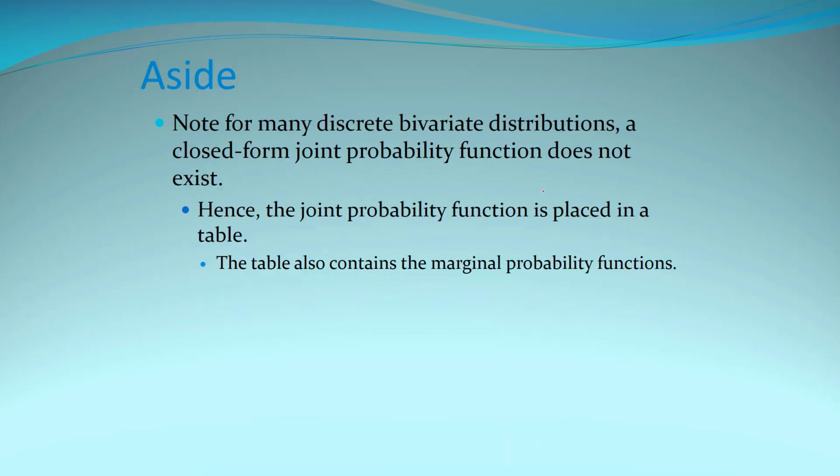For many discrete bivariate distributions, a closed form does not exist. So that means we just put things in a table, kind of the way we already did, and the table usually also has marginal probability functions.